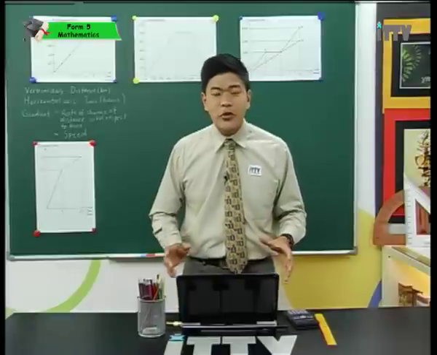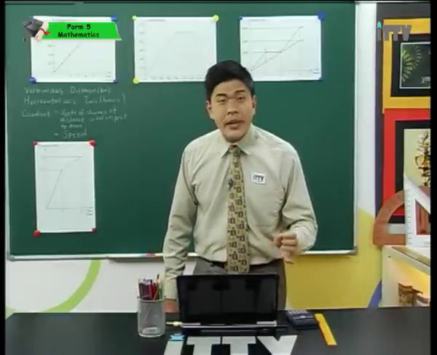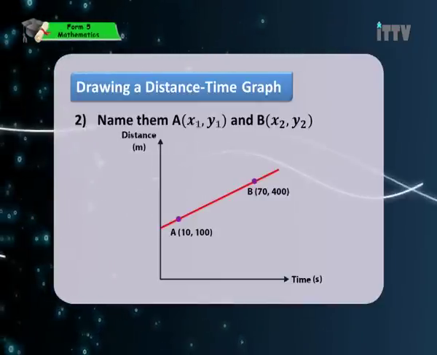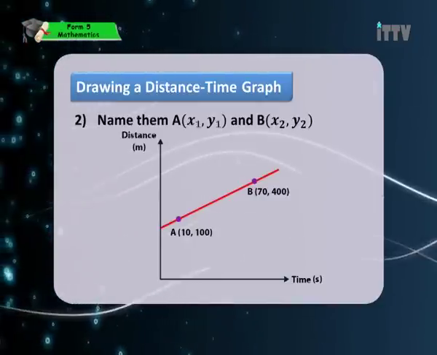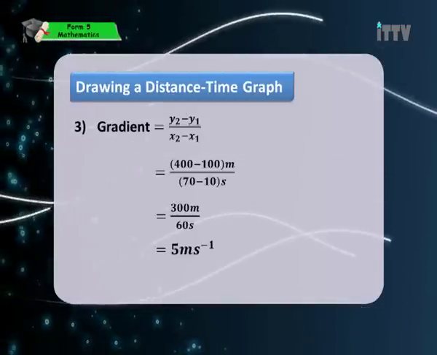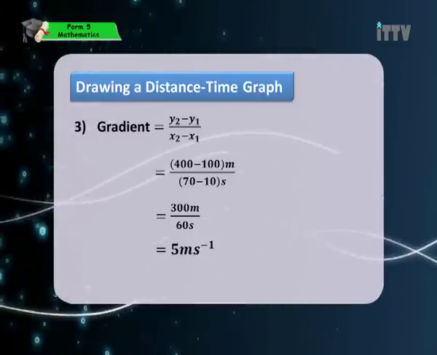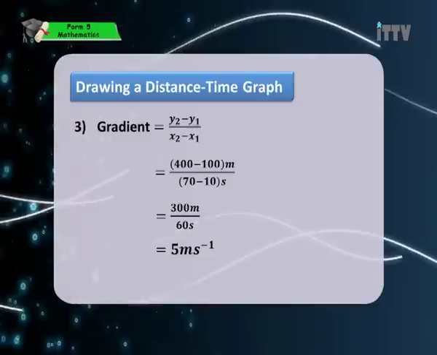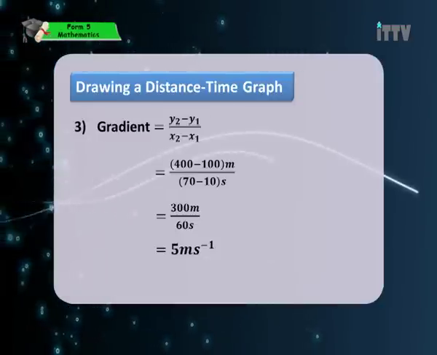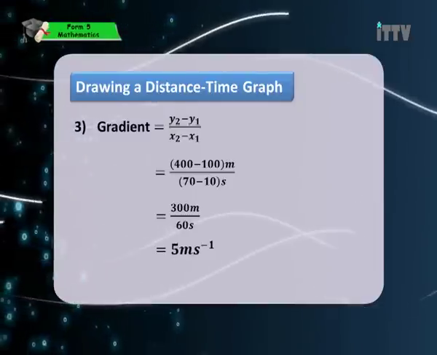So from the two points we have chosen, let one of them be A. Referring to the graph, A has a coordinate of (10, 100) and B has a coordinate of (70, 400). Third step, use the formula gradient equals y2 minus y1 over x2 minus x1. So 400 minus 100 meters over 70 minus 10 seconds, which is 300 meters over 60 seconds, which gives you the same value of 5 meters per second.